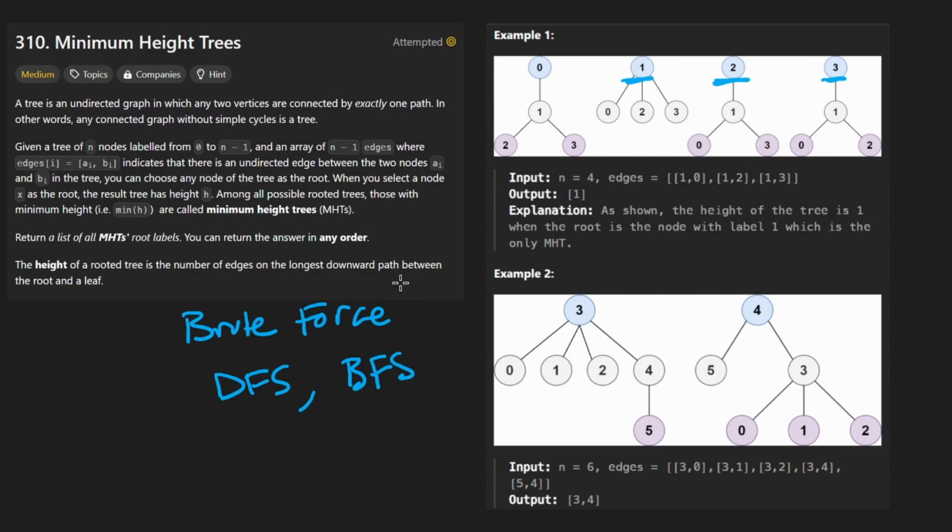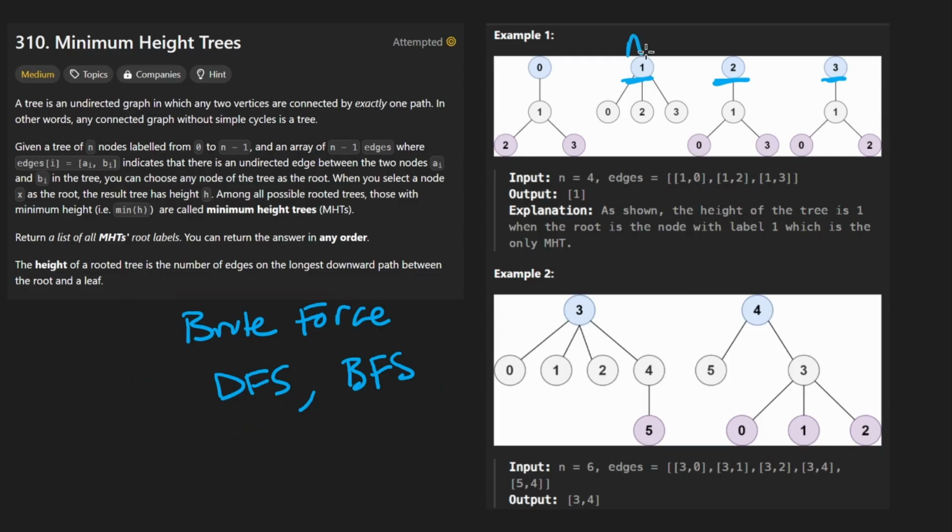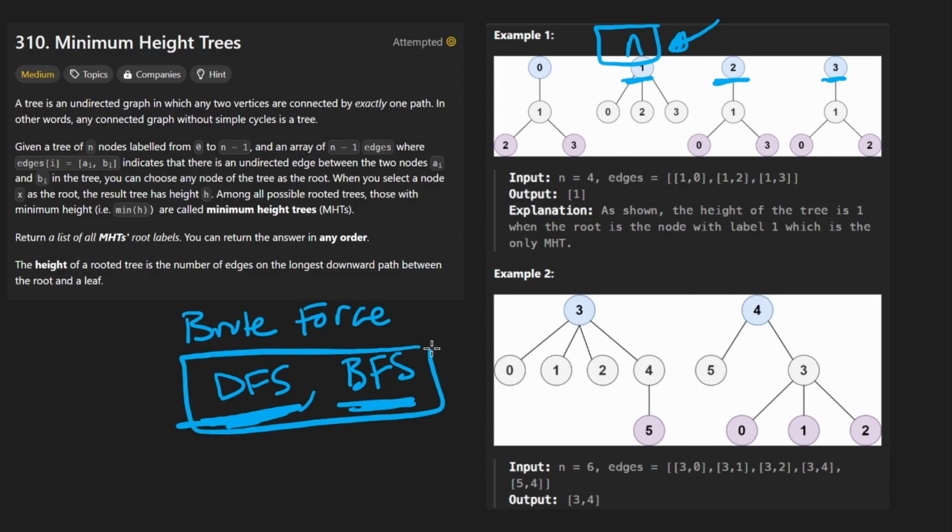Now, the problem with this brute force approach is it's not very efficient. What do you think the time complexity is? Well, if we have n nodes, that means we have n starting points. We're going to run this graph traversal, regardless of which one we choose. We're going to run it n times on this graph. Doing this graph traversal is going to require us to visit pretty much the entire graph.